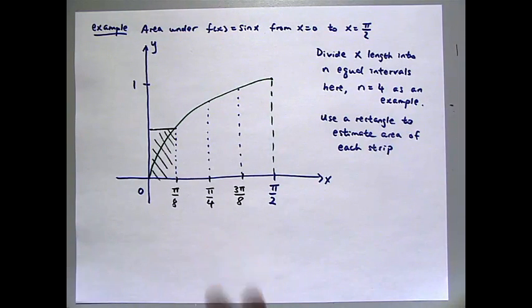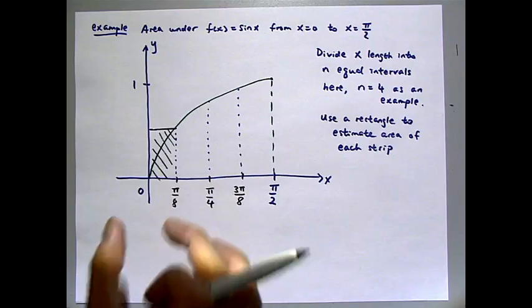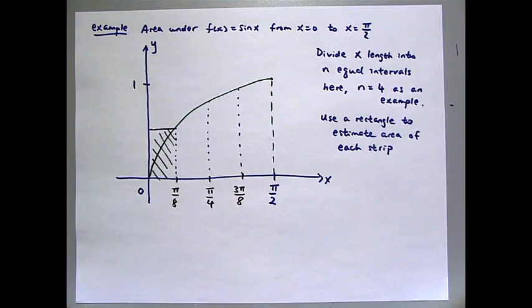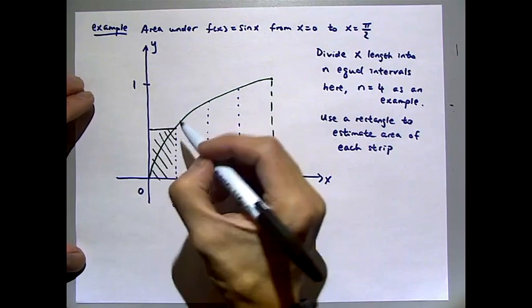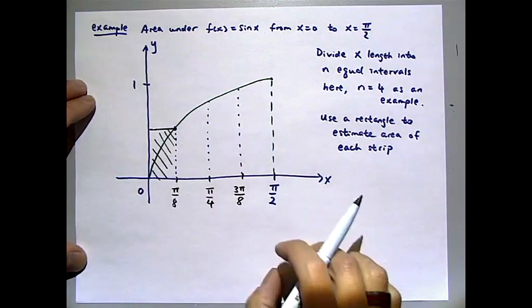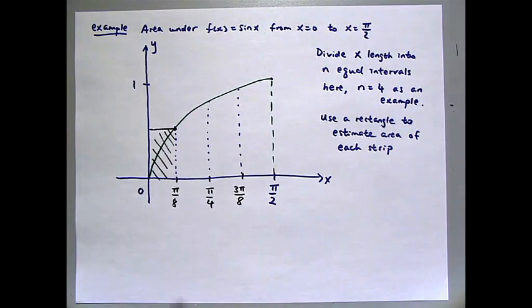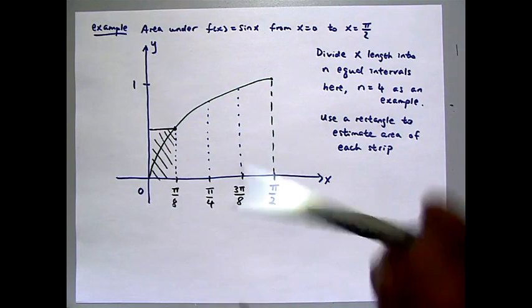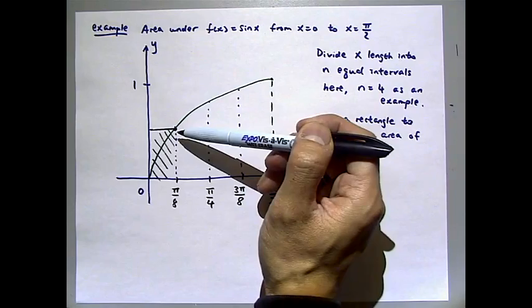This is the kind of rectangle I could use to represent the area of the first subinterval. Notice what happened here. Look at the first subinterval here. I used the right end of that subinterval to come up with the height of the rectangle.